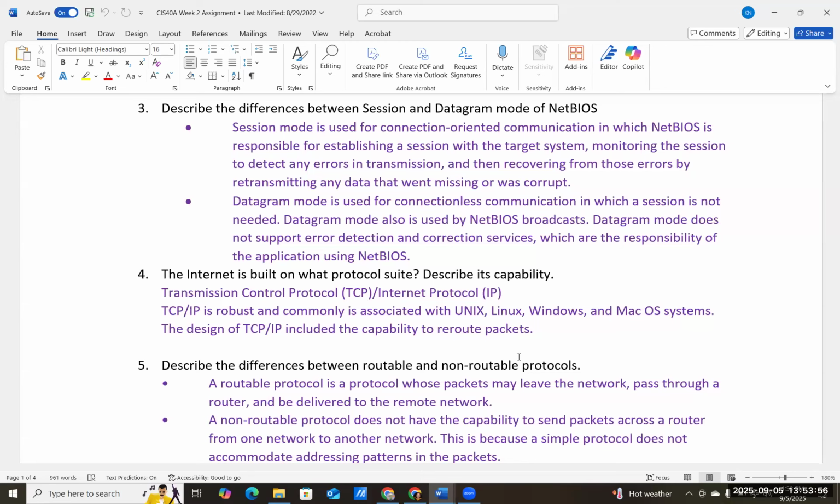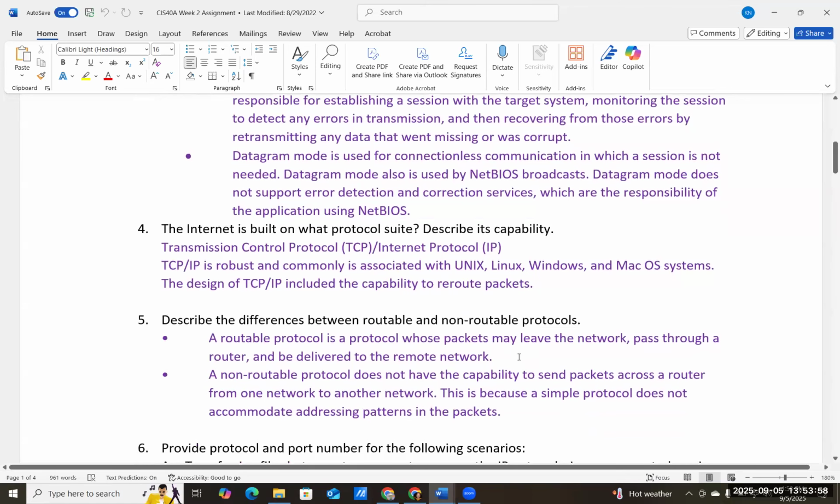Okay, 5. The difference between routable and non-routable protocols, and you saw this at the beginning, right? With a routable protocol, the packets leave the network and pass through the router, and the router is going to bring it from network A to network B. If I leave the RCC network, the router is going to take my traffic from Riverside Community College District and send it to the service provider.